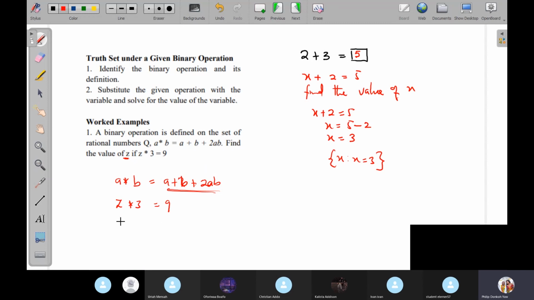So Z star 3 is going to give us Z plus 3 plus 2AB. Let me go back and substitute them. So plus 2 times Z times 3, and all must be equal to the number 9.